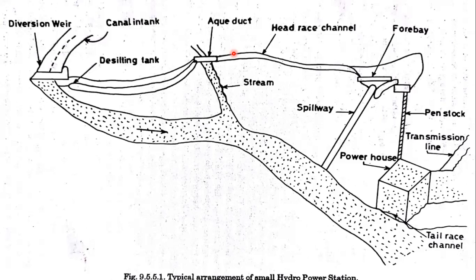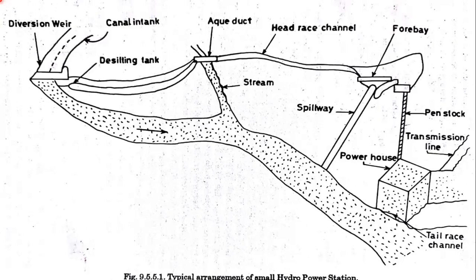In hilly streams, diversion structures face recurring problems due to choking of intakes. Further, ungrouted structures are vulnerable to damage from heavy boulders and bed loads, so trench type weirs are preferred from these considerations. This is the explanation about the diversion and intake.